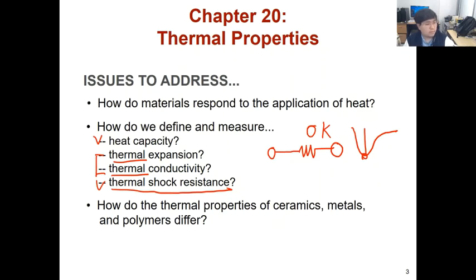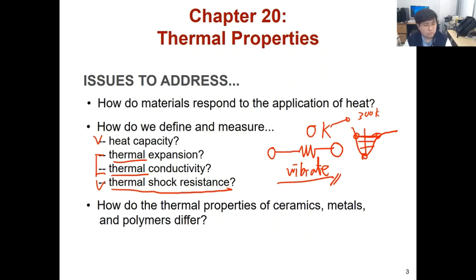However, when we increase the temperature from 0 Kelvin to, for example, 300 Kelvin, what will happen? We already know that atoms can have a specific energy. That means the atom has a range of equilibrium distances, so the atom will vibrate.